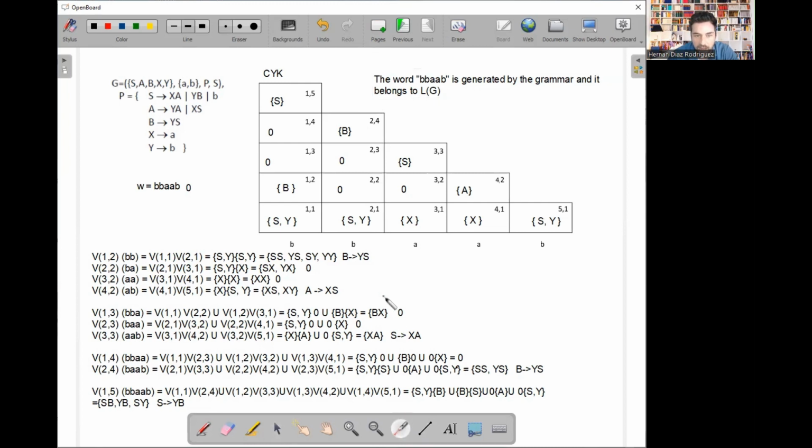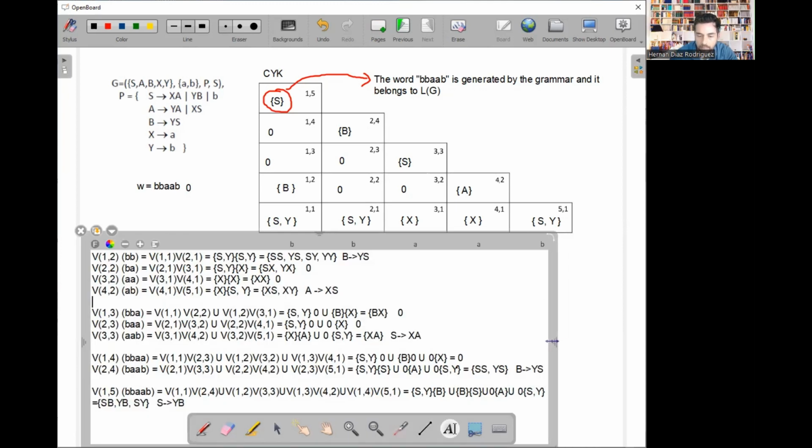So if you have any doubt about how do we make these combinations, what you have to think about is, for instance, here, how can we create this word with a grammar in Chomsky normal form, right?